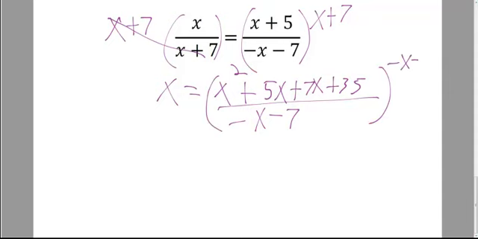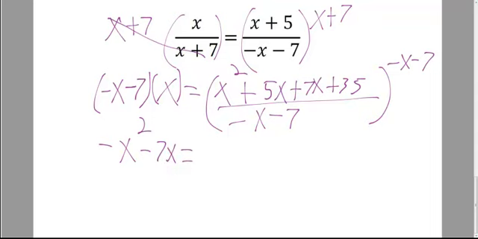I'm going to multiply both sides by negative x minus 7 now. And so we'll have negative x squared minus 7x equals, and again this is going to cross out of these two. We'll have x squared plus 12x plus 35.